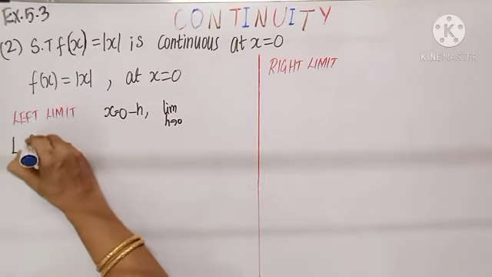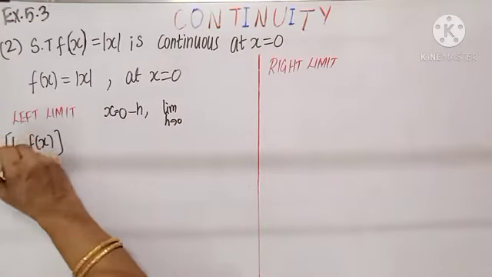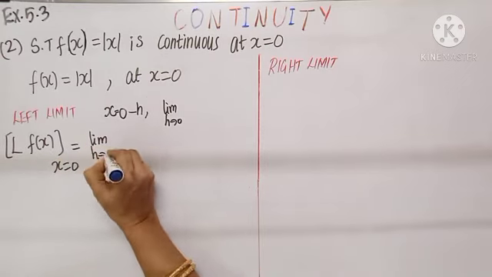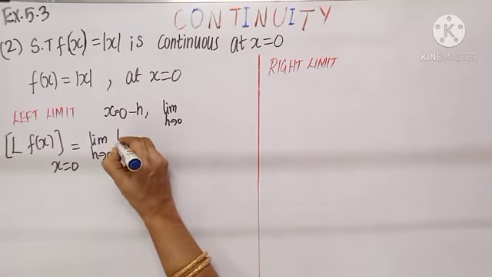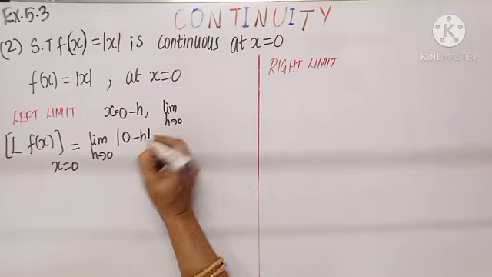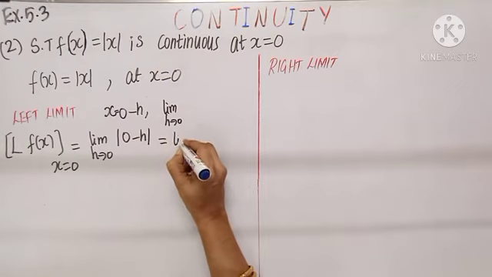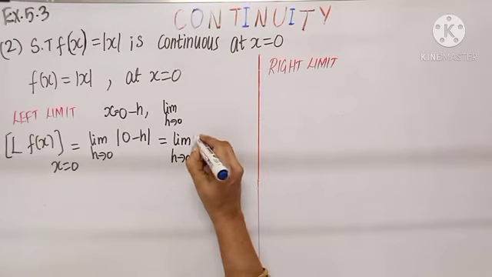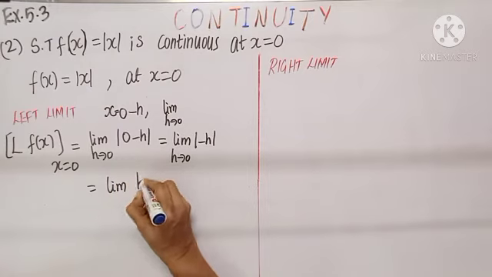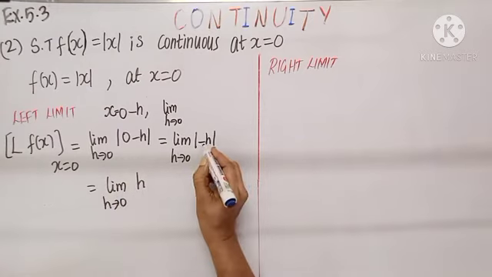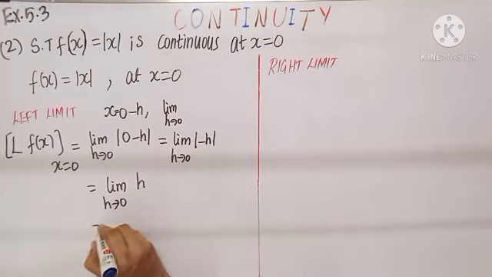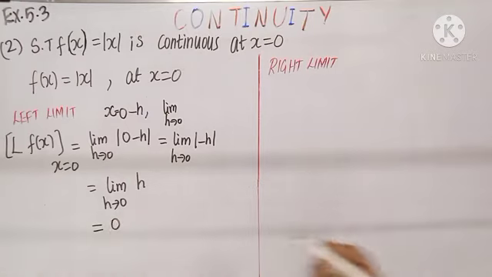So L of f of x at the point x equal to 0, limit h tends to 0, modulus of 0 minus h. 0 minus h is minus h only. Modulus of minus h is plus h. Remember, in modulus, even if you put minus h, it becomes positive. So h tends to 0 tells me my answer is 0.